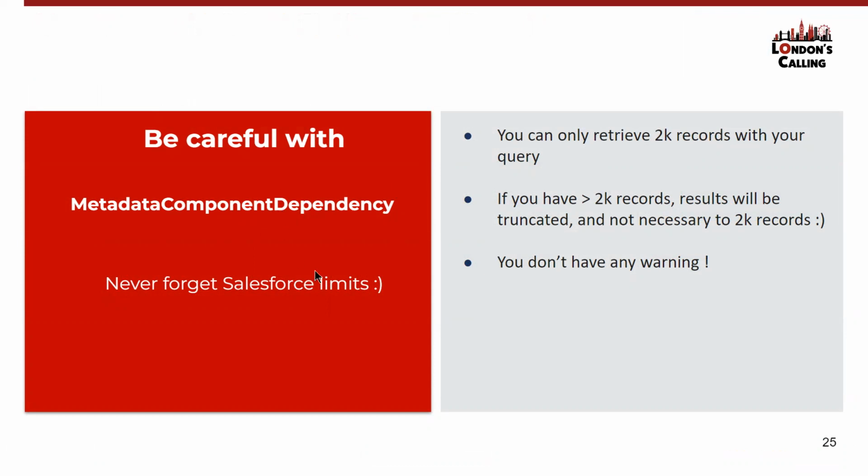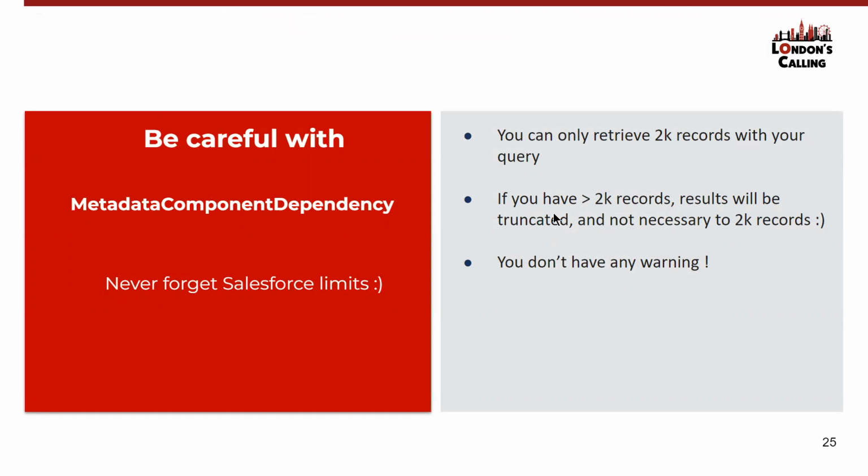And what is horrible with this object is that Salesforce will never warn you that there are more than 2,000 records. If Salesforce finds more than 2,000 records with the query, it will truncate the result, but it will not tell you there are 2,000 records. It will truncate the result in a way that the result seems homogeneous.